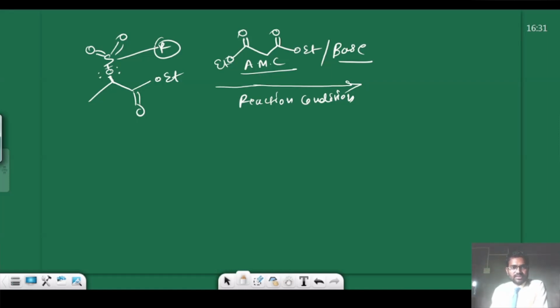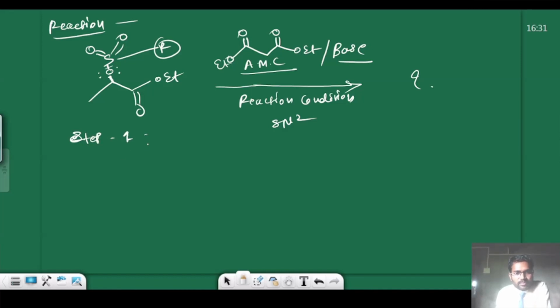So this is the reaction. We need to find out the product. So this is the Sn2 reaction. In the first step we need to find the product. So step 1 is the mechanism. Let us discuss the mechanism.